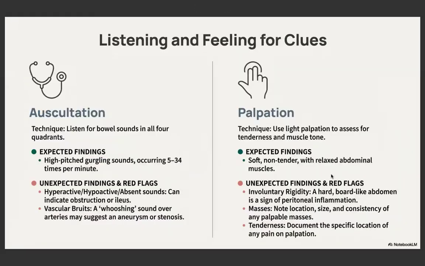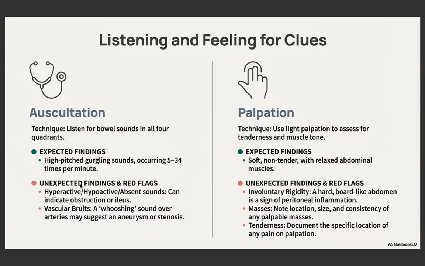So don't forget that we're also always going to auscultate before we palpate. And if you're listening in all of the quadrants, you should be able to hear 5 to 34 high-pitched gurgling sounds within 1 minute. You should be listening to each quadrant for a full minute. So anything below 5 is going to be hypoactive, but if it's completely empty, that's absent.